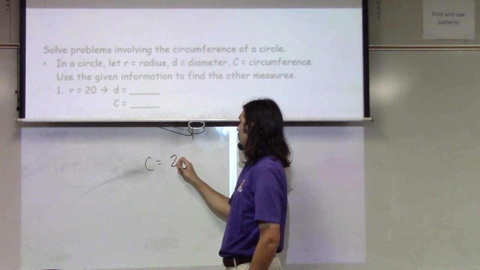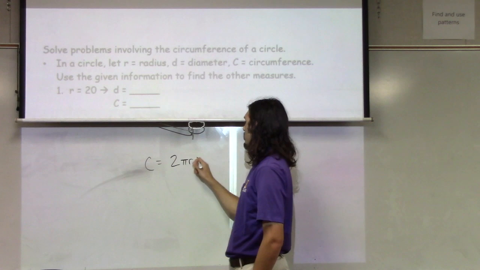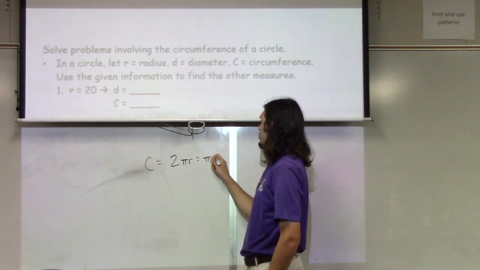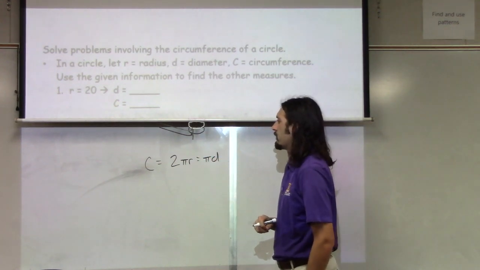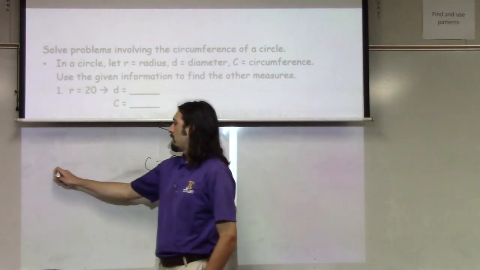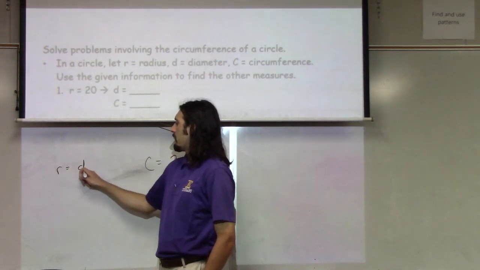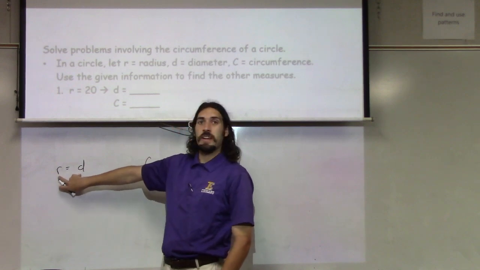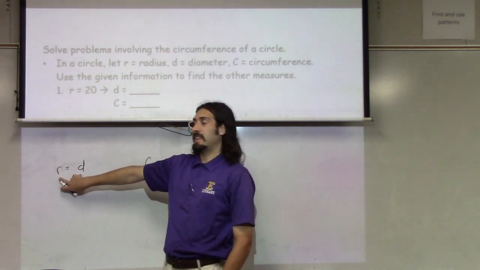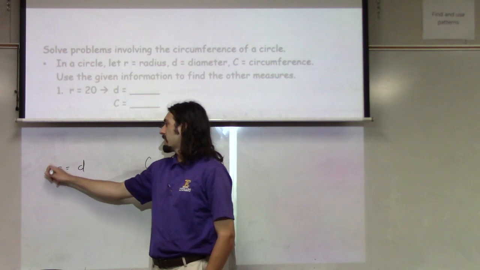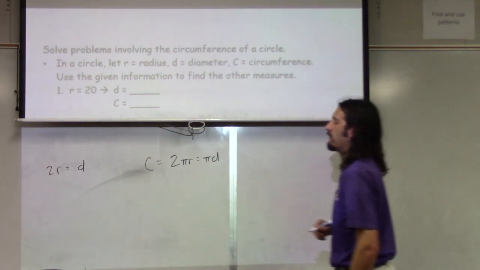2 pi r, or pi times the diameter, that's one relationship. And I also know that my diameter is equal to 2 times my radius. Now think for a moment, where should I add a value? I need 2 radii to equal my diameter right there.